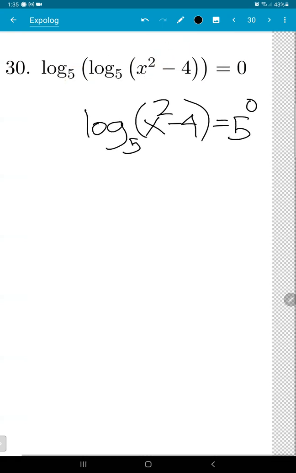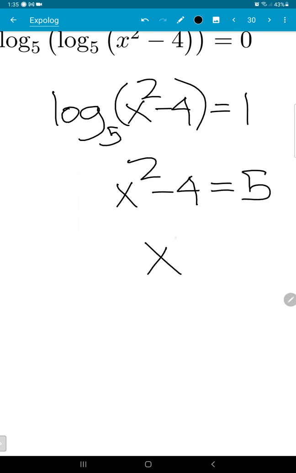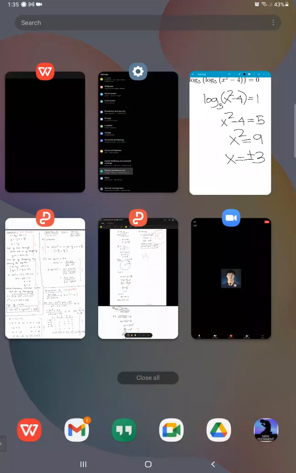And this is just 1. Then again, 5 to the 1 equals this. Then x squared equals 9, x equals plus minus 3. Okay, do you have any question? If there's none, that's it for today.